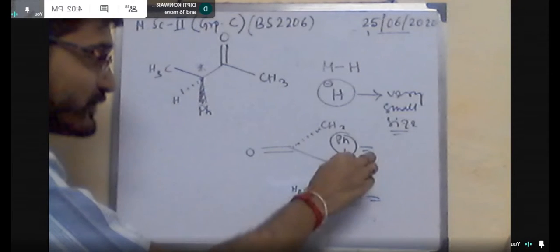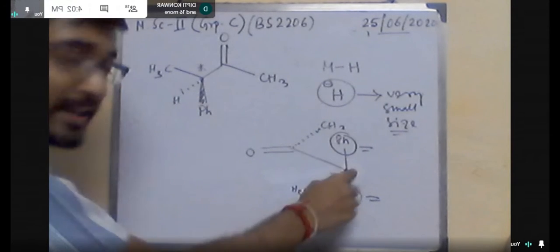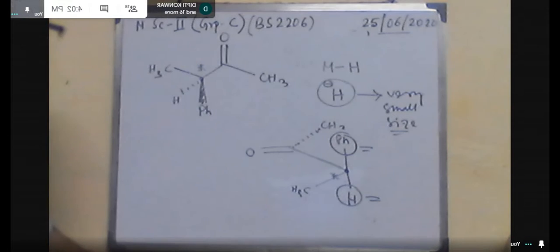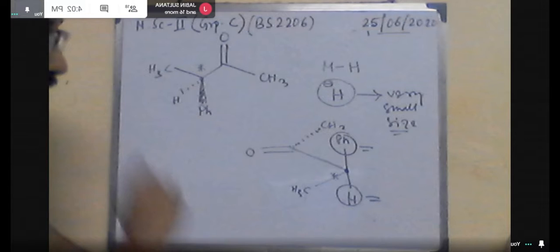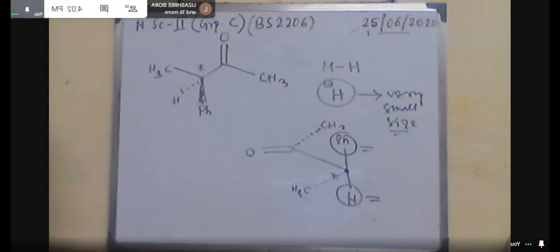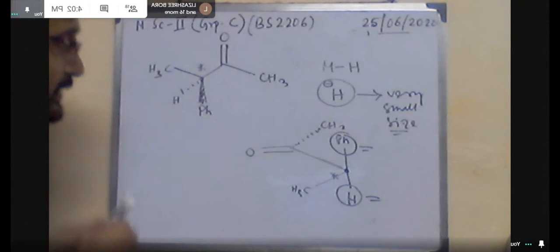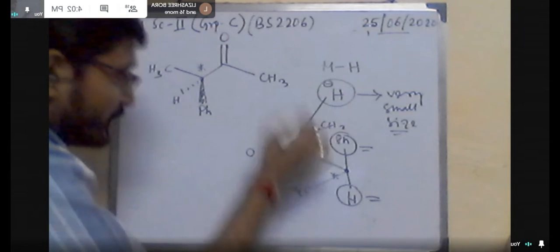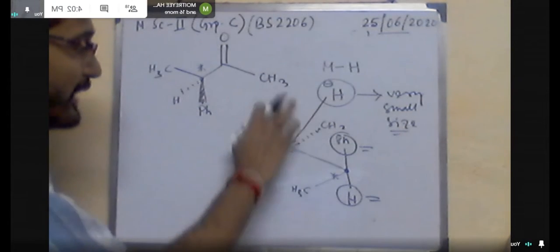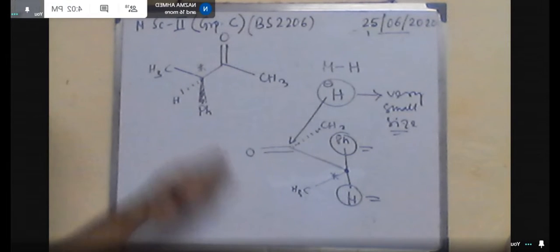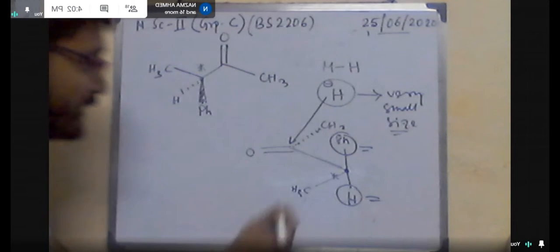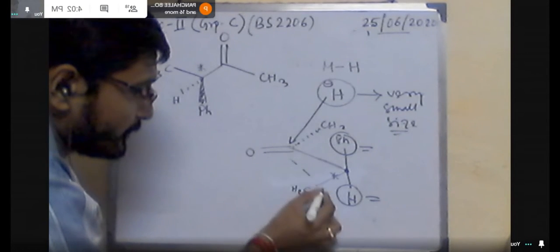So if I draw the two scenarios, here is hydride from top. The structure will be like this: phenyl on top, hydrogen on top, and this is the methyl. Similarly, this is the other CH3 group, and here the hydride is attacking from the top side. So hydrogen will be on top, which means OH will be down.